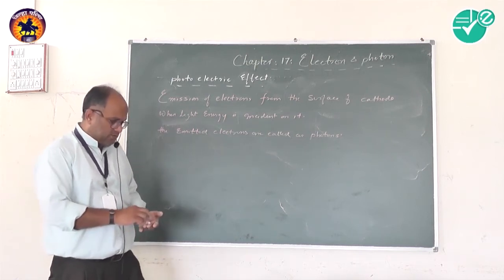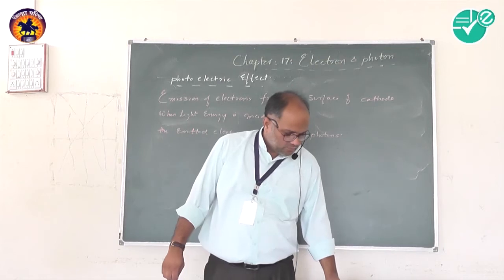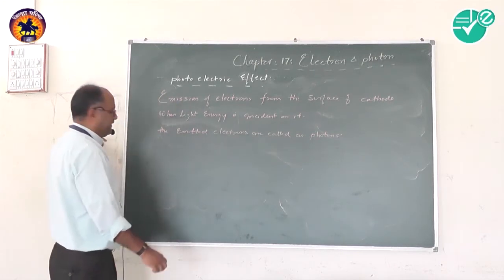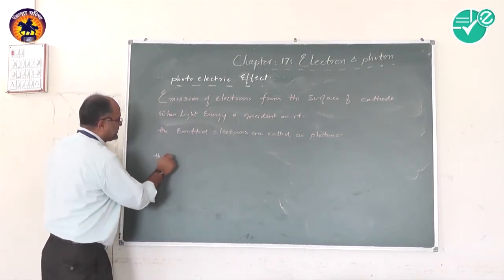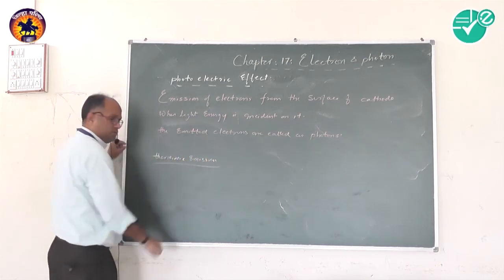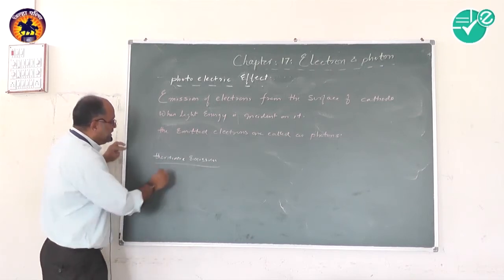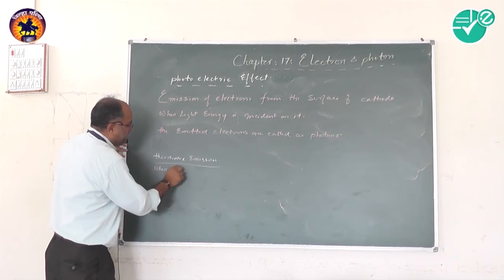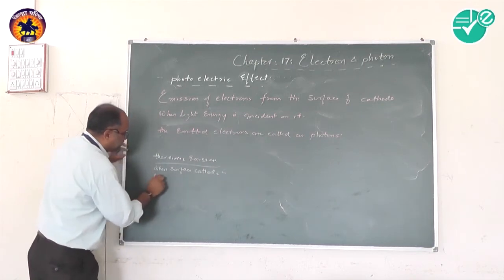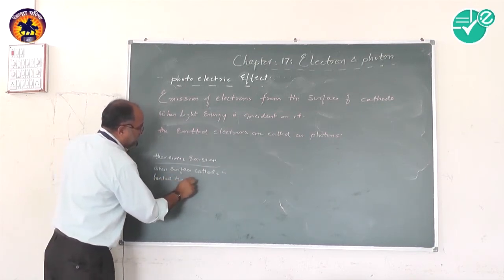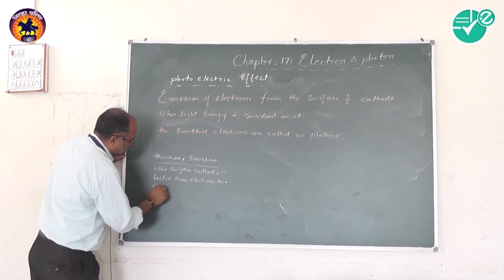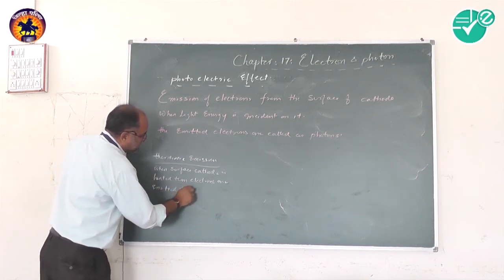Now one thing we have to study is what this effect is and what the previous effect of this type is. We also have another effect called the thermionic effect, thermionic emission. We must understand this also, because it is also part of NEET. Here, when the surface of a cathode is heated, electrons are emitted from it.